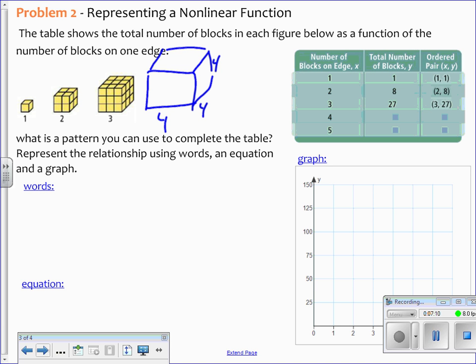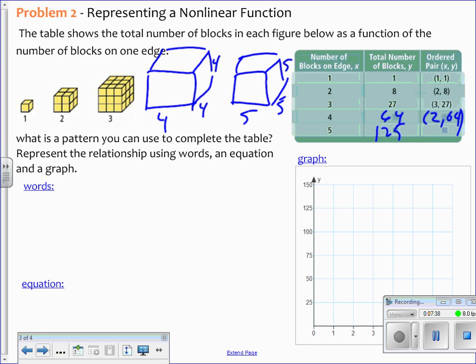If I have 4, then I have 64 blocks, so my point is 4, 64. If I have a 5 by 5 by 5, and I know it's not to scale, I get 125.